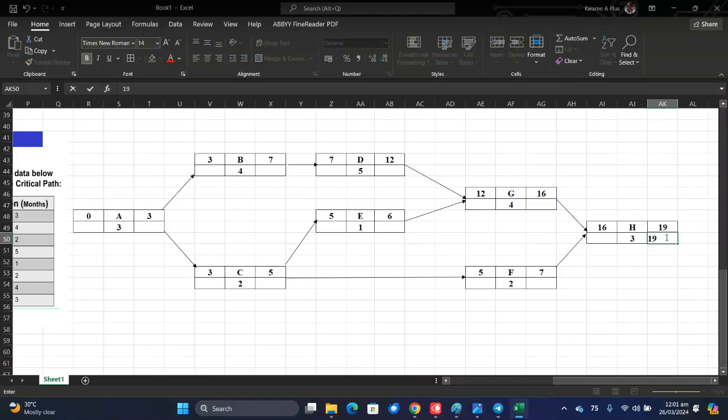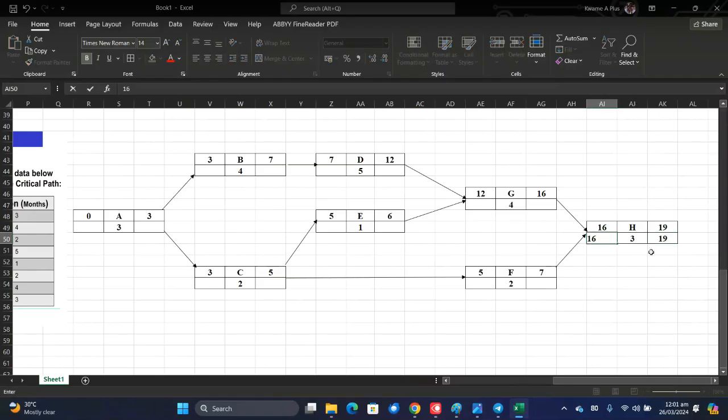So here becomes what? 19. Since this is equal to this. Okay? That becomes 19. And with this particular one, this minus this is going to give us 16.